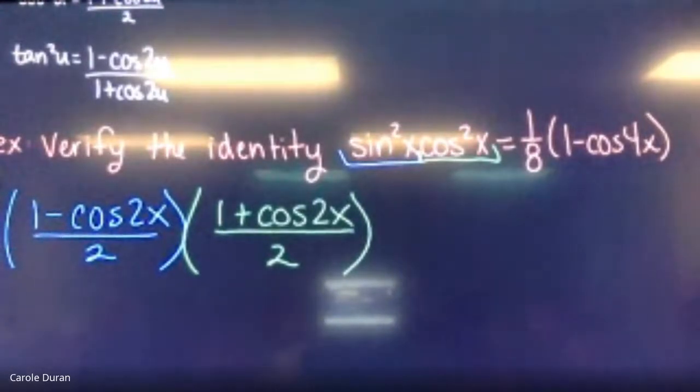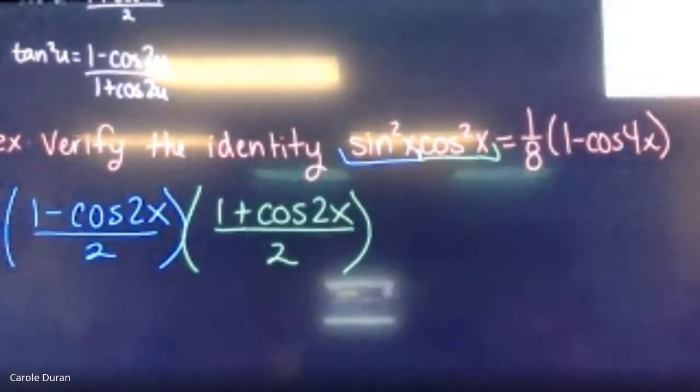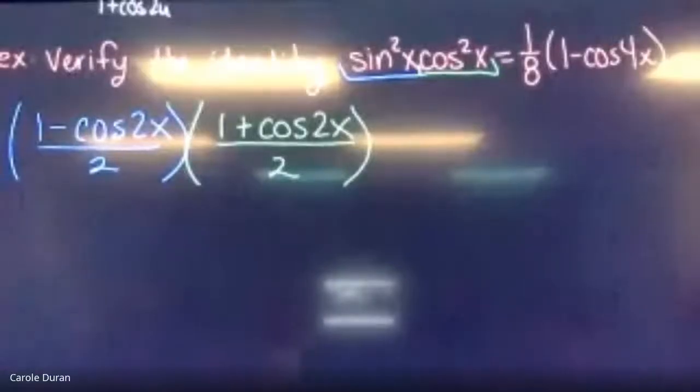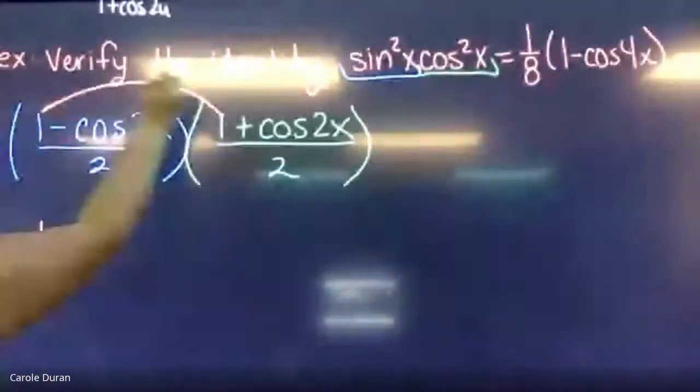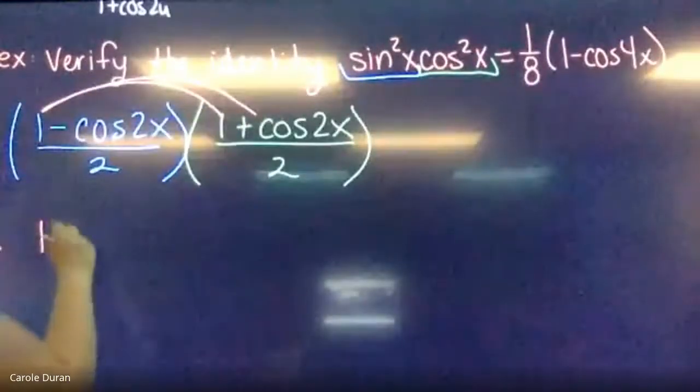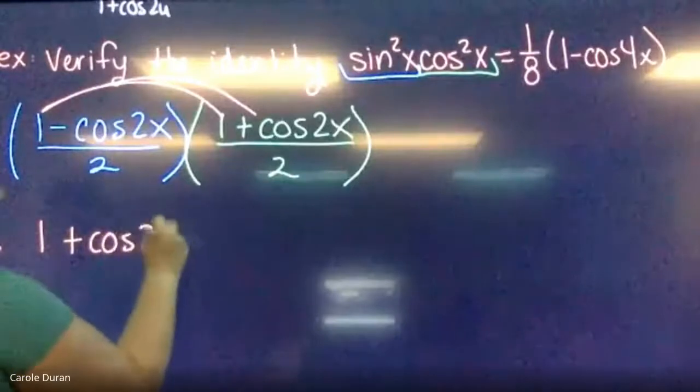Now I'm going to do the super, super fun thing that is multiplying those two things together and foiling the numerators. Oh my gosh. So when I do that, it becomes 1 times 1 is 1. 1 times positive cosine 2x is positive cosine 2x.